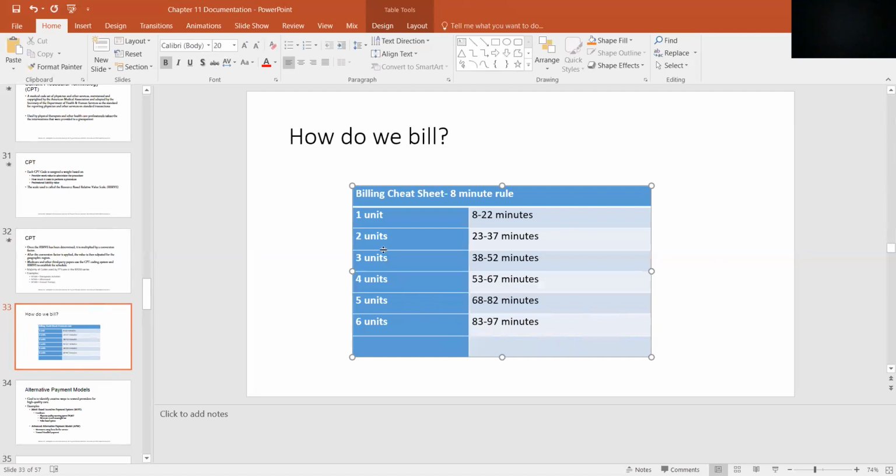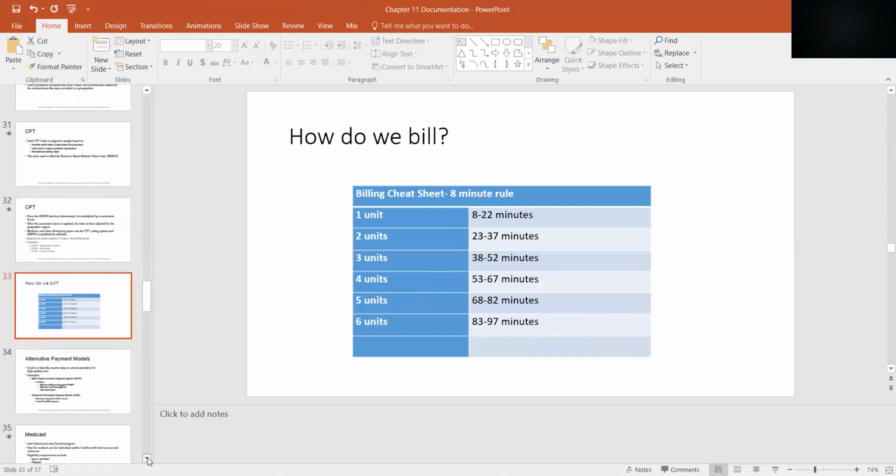If you look at this, 15 minutes, 30 minutes, 45 minutes, 60 minutes, 75 minutes, and 90 minutes fall in between there. So that's how they looked at those units, but then you see we have this range in there. Any questions about that, we'll answer them in class.